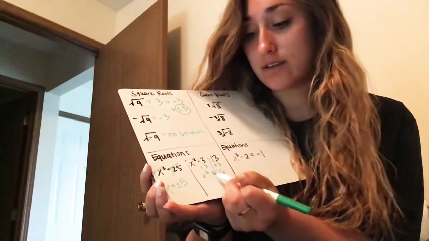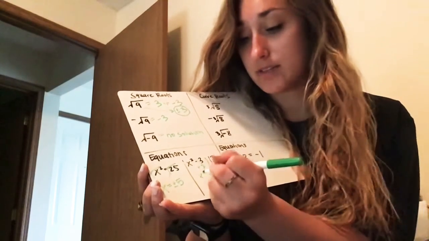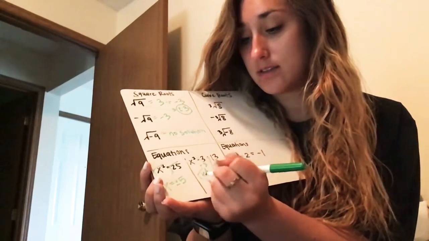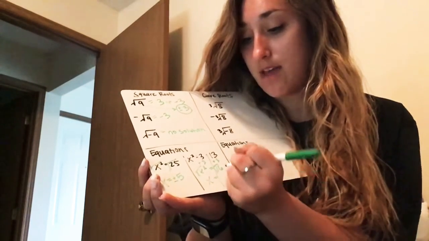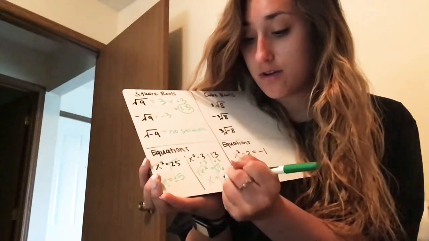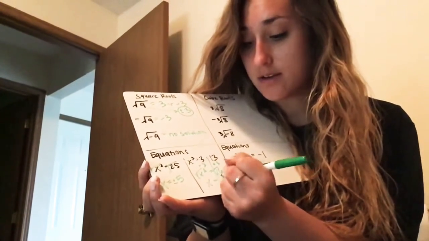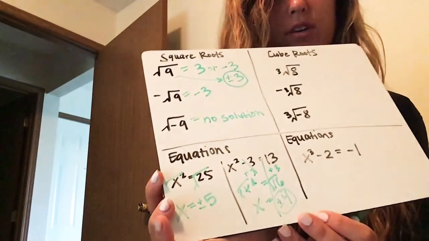So now to solve x squared equals 16, we just have to square root both sides. That gets us x by itself, and the square root of 16 is 4 or negative 4. So again, we'll write our answer like that, plus or minus 4.